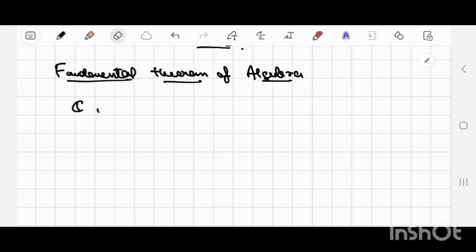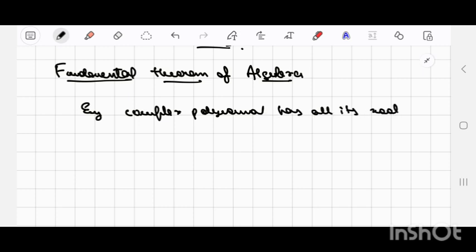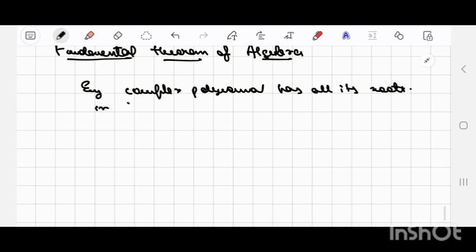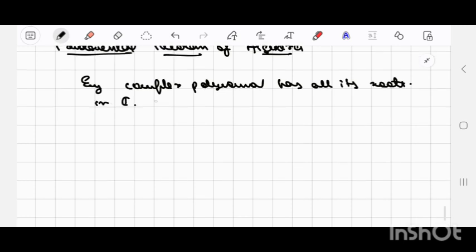That every complex polynomial has all its roots in C. But what does this theorem typically mean? This means that C is algebraically closed. Getting my point?